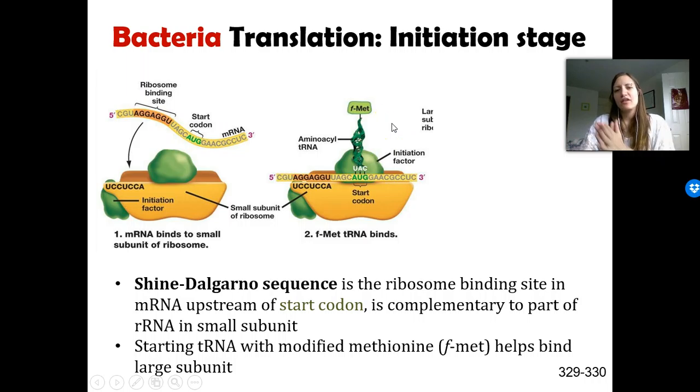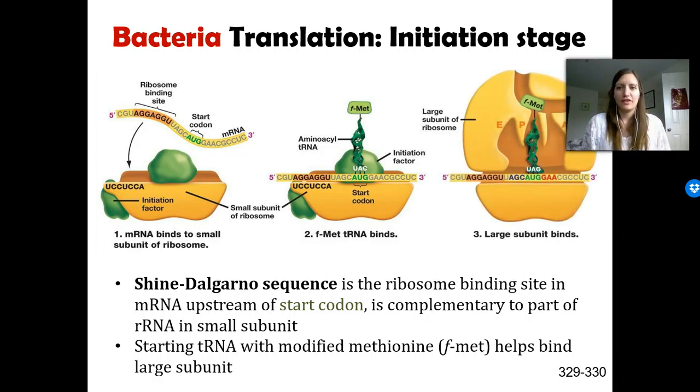And that's what you see in this image here. Essentially, it's just the methionine that's always used at the very beginning of a sequence. Why? They're not entirely sure, but they know that there is a modified methionine. They're still trying to figure out the reason why it's different. But having this methionine here, that's going to help lure in this large subunit.